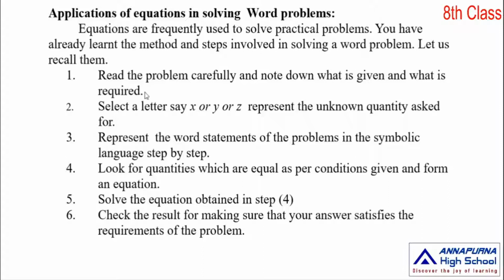First step, read the problem carefully and note down what is given, what is required. That is the most important. Second, select a letter, say X or Y or Z, to represent the unknown quantity asked for.